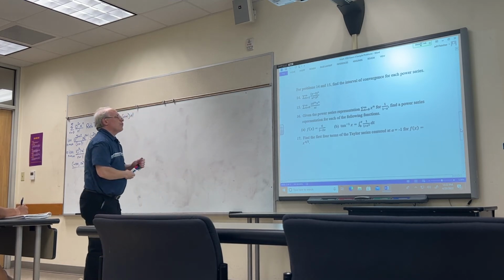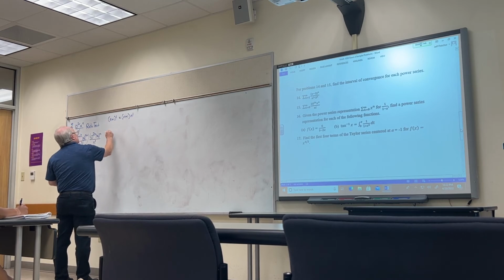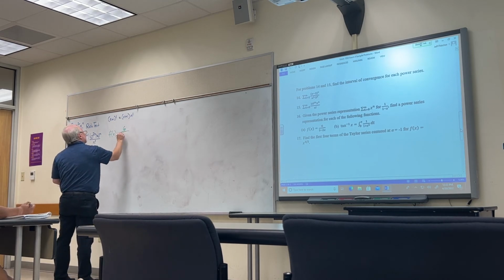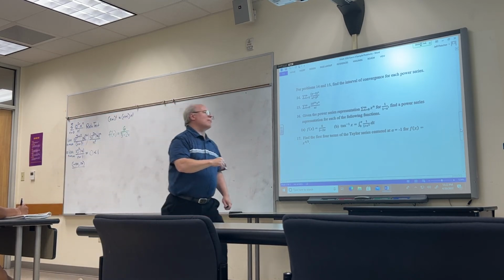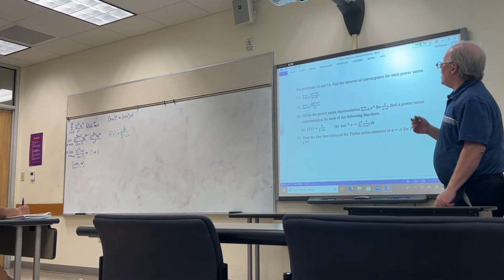All right, so for A, we want to find a power series representation for f of x equals 6 over 3 minus 2x, given the power series representation for 1 over 1 minus x. So how do we do this?